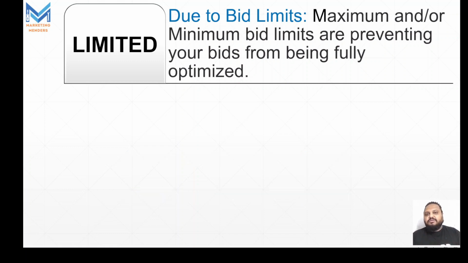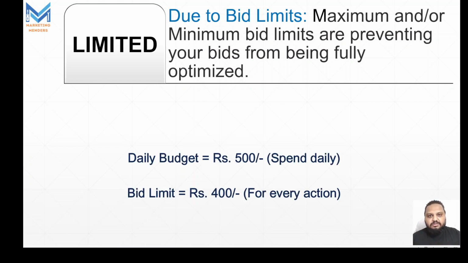Now, in this case, what has happened? Let's say you have selected the daily budget for your Google ad campaign to be 500 rupees. You want to spend 500 rupees on a daily basis. While creating the Google ad campaign, you got confused and you have selected the maximum CPC bid limit as 400 rupees.